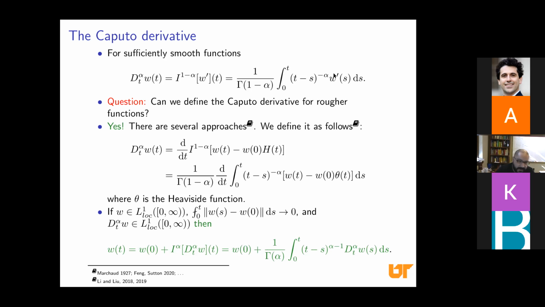So you're defining a lower order object in terms of a higher order one. That doesn't really make sense. And so a good question could be: is there a way to define the Caputo derivative for BV functions? And it turns out that there is. There are several approaches, and they differ in the class of BV functions to which they can be applied.